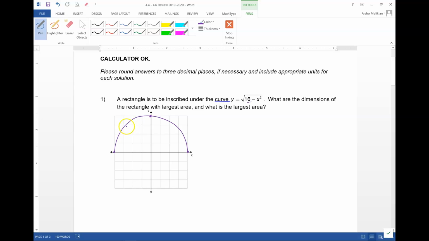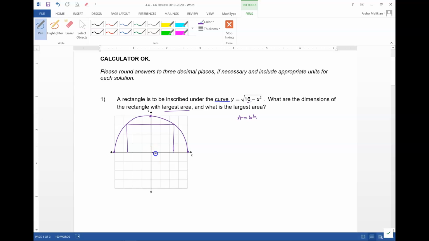Now a rectangle is supposed to be inscribed here, and on purpose I don't do it on the corners, I do it between the lines so that we know that this is an arbitrary length here. What are the dimensions of the rectangle with the largest area? If I need largest area, that means I need to write an equation for the area. I know that area is base times height.